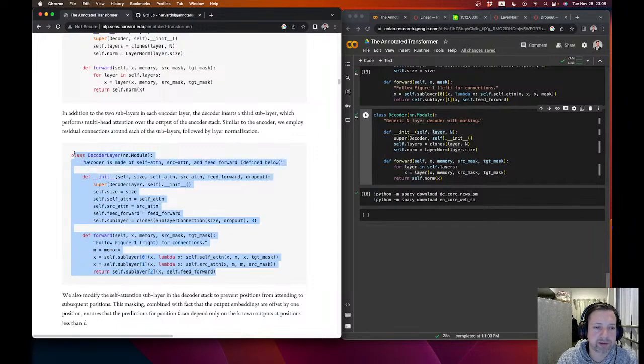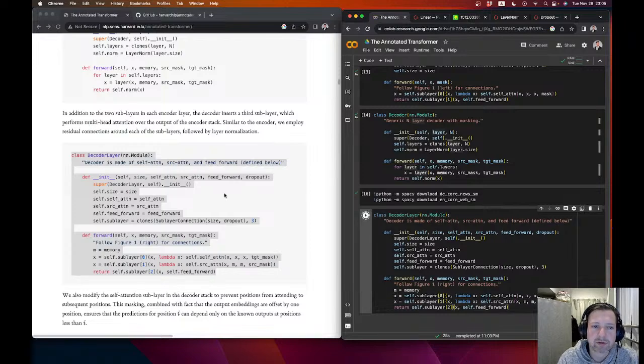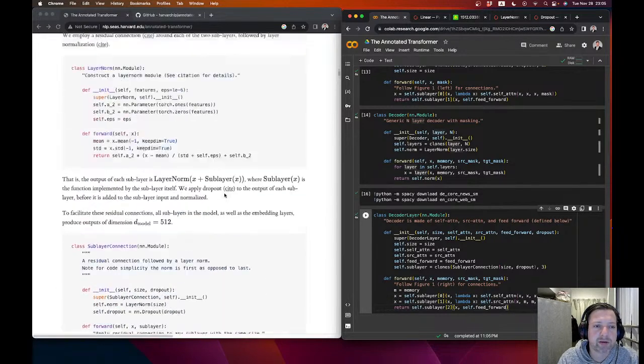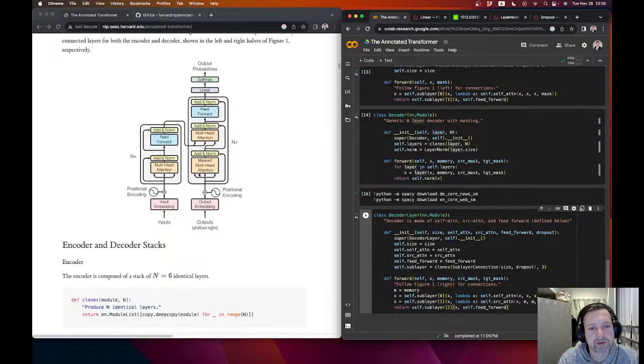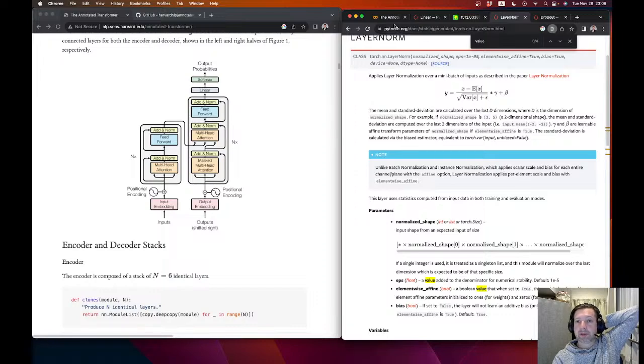So basically they're just saying we're doing the same thing that we've done before, which is this, right? Inputs go in here. There's this residual connection here that bypasses this multi-head attention bit. And then we take the input, add it, and take the layer norm, which is this bit.